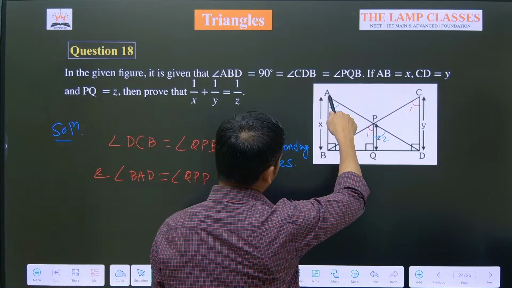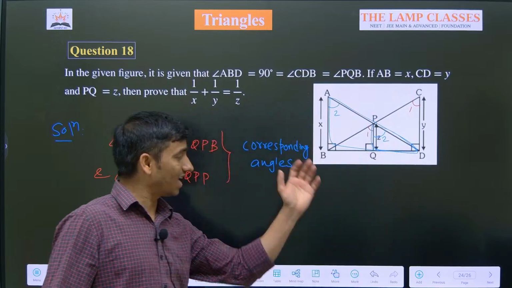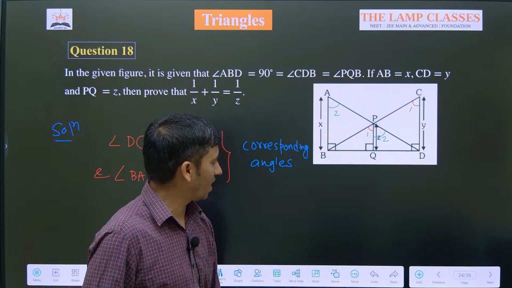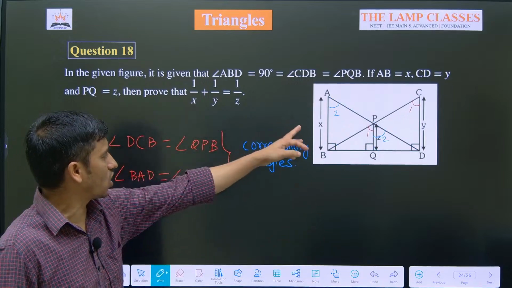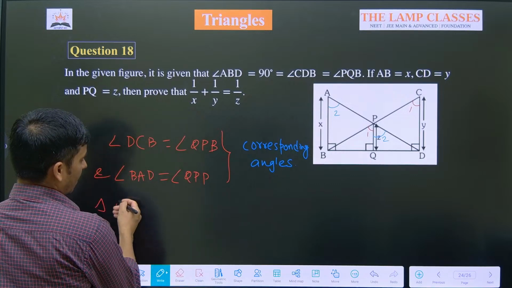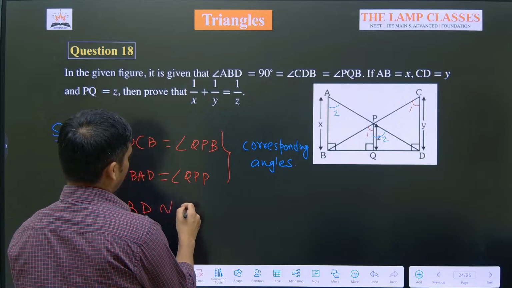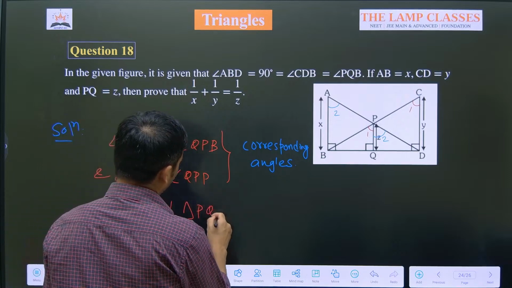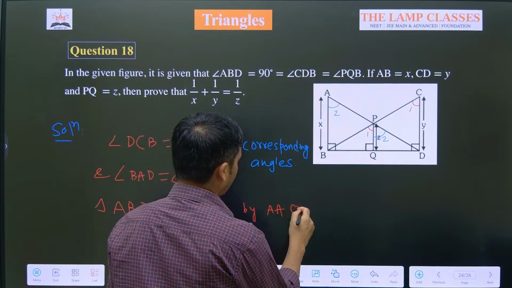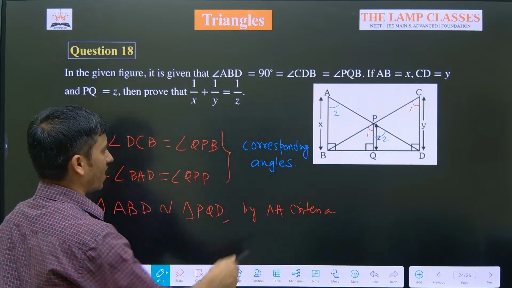And I think now we can clearly see those two triangles. Once we are trying to prove this triangle and this triangle similar, you can clearly see that, right? Because in both of the triangles, one angle is 90 and one angle is common, that angle too. So we'll simply say triangle ABD is similar to triangle PQD by AA criteria. And then by CPST we can say the sides, na?